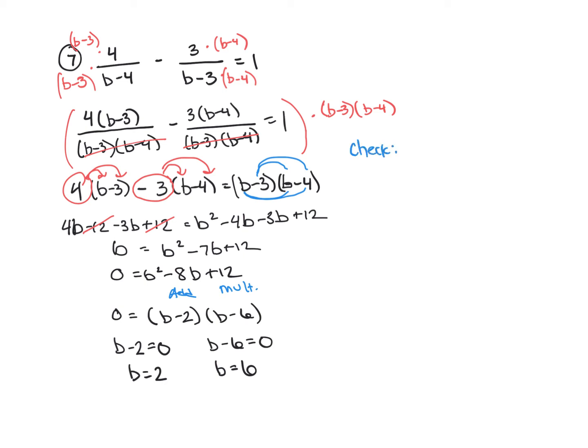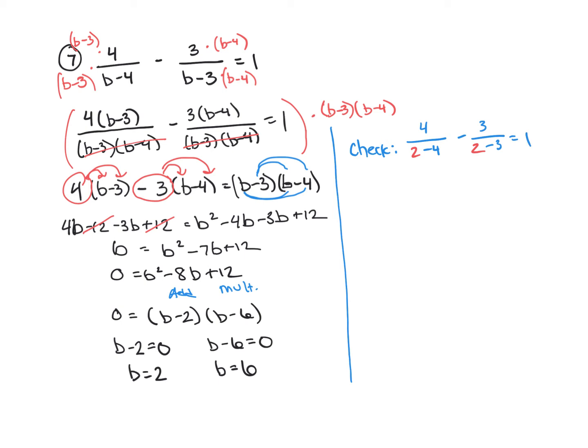So in our check, I'm going to do that over here. First we'll plug 2 into the equation. So we'll have 4 over 2 minus 4 minus 3 over 2 minus 3 is equal to 1.